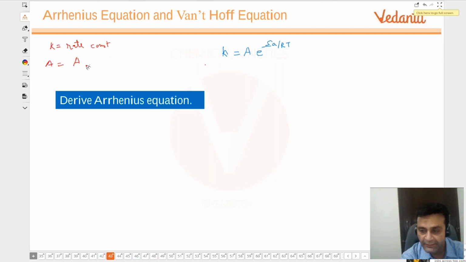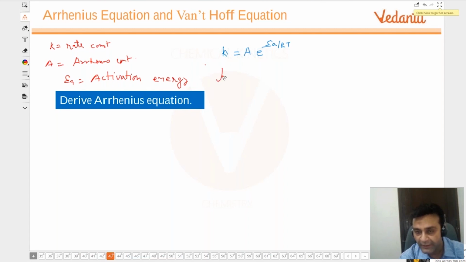Chitransh, yes, it is the topic of Arrhenius concept, but not the Arrhenius concept of acid and base. It is the concept of activation energy. A is the Arrhenius constant, and EA is the activation energy, and T is the temperature.